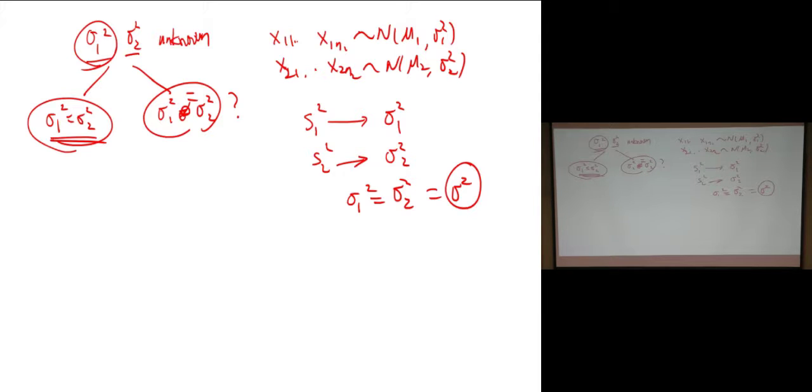But now I tell you, the two sigma squares are the same. So which one should you use? S1 square or S2 square? Or are there other choices?